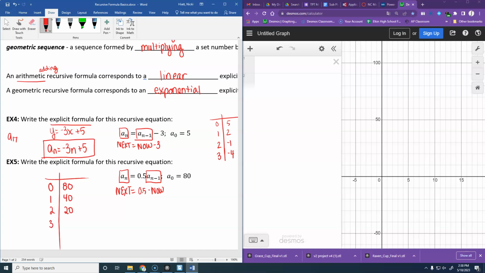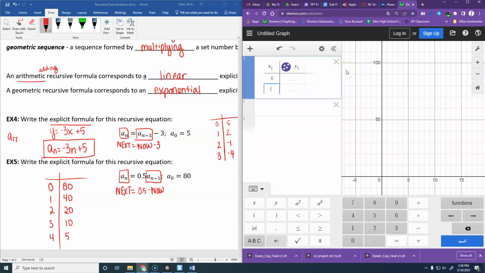And then 10. And then 5. Let's stop there because we're going to get into some decimals after that. I think this will be plenty of points for us. So if we put this in a table, 0, and then 80, 40, 20, 10, 5.